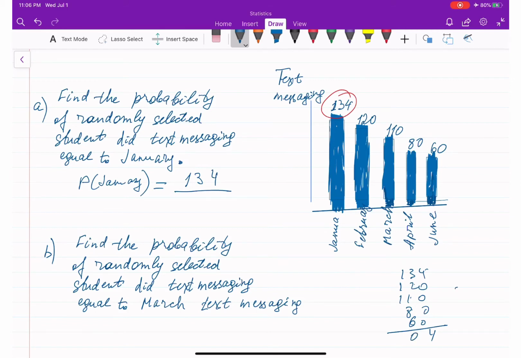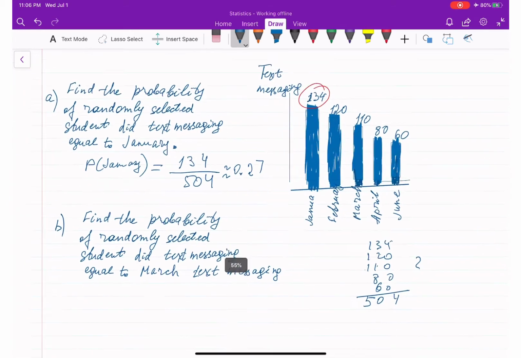Okay, 0, 2 in mind. 1, 2, 3, and 5. 504. There we go. So 134 divided by 504 is approximately 0.27.